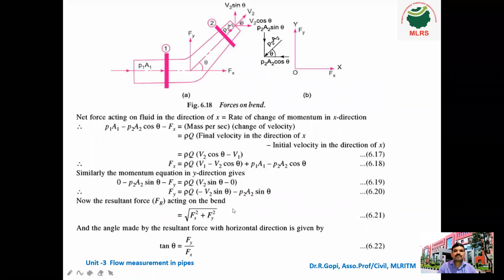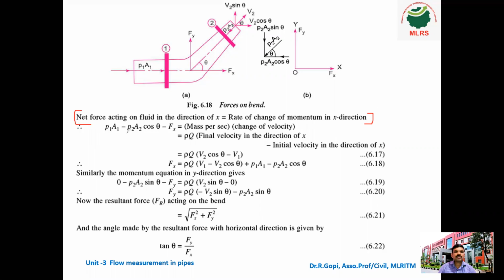Momentum is mass into velocity. The net force acting on the fluid in the x direction is equal to the rate of change of momentum in the x direction.